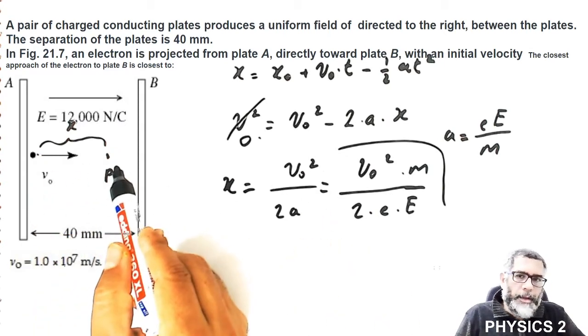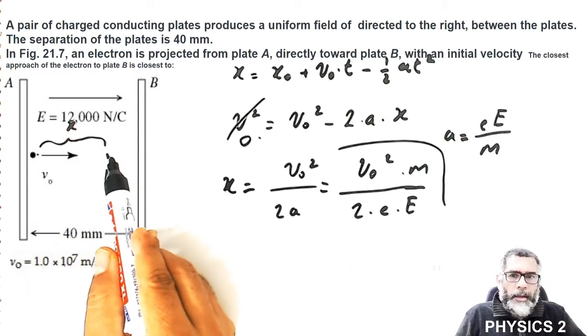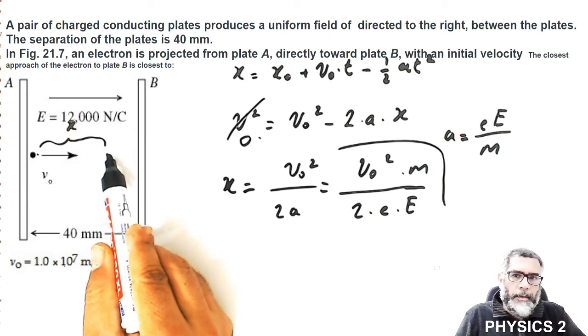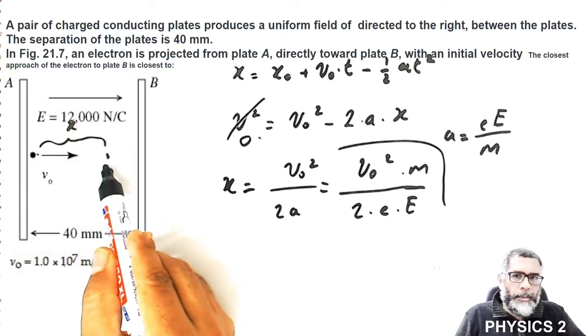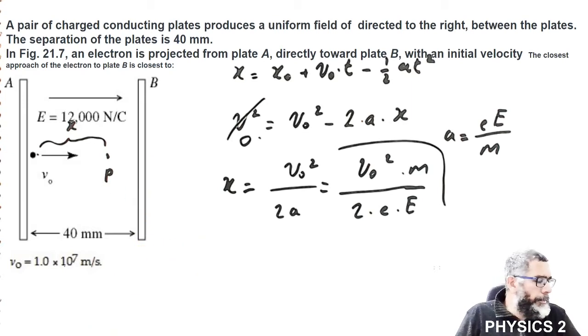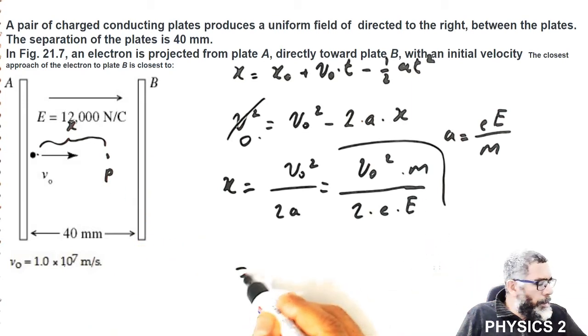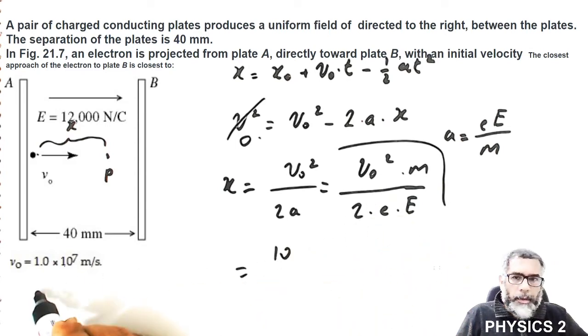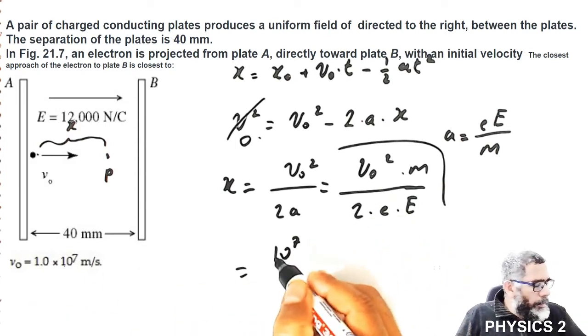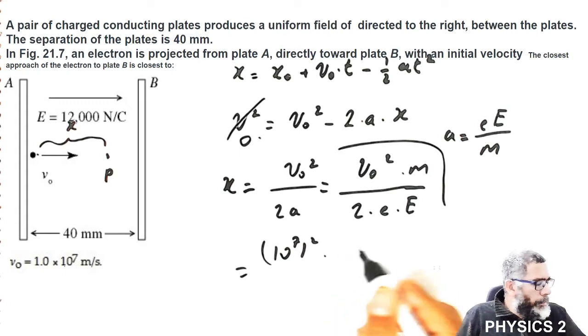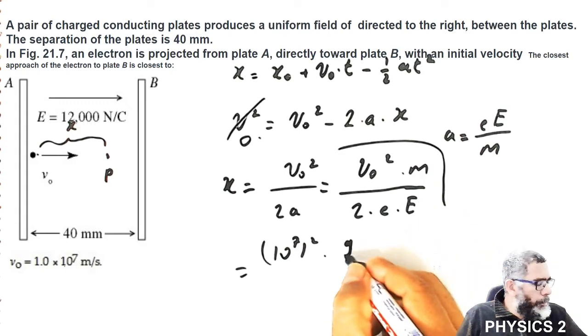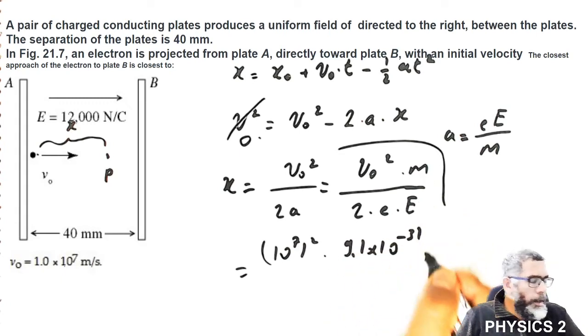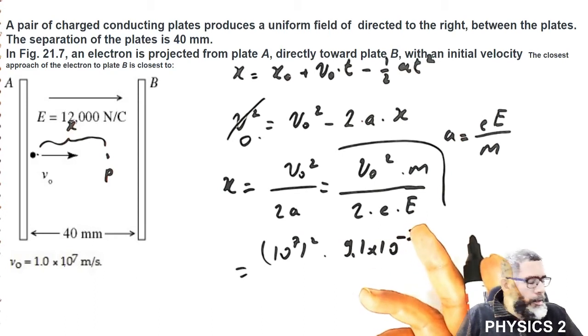Once you find this distance, it's easy to find the distance from point P to the plate B. So all you have to do is put in these numbers: 10 to the 7 squared, multiplied by the mass of the electron, 9.1 times 10 to the minus 31 kilogram. Of course, we have to use the SI unit system.